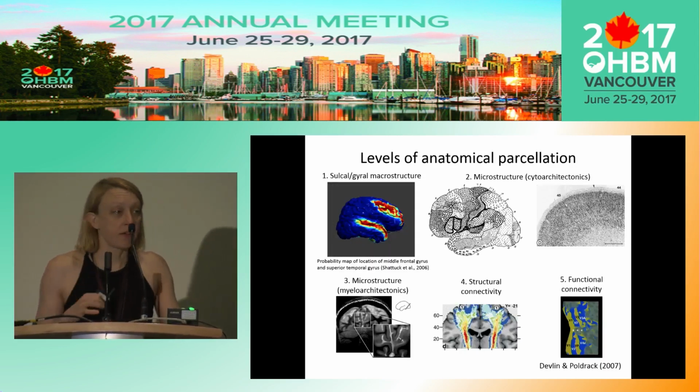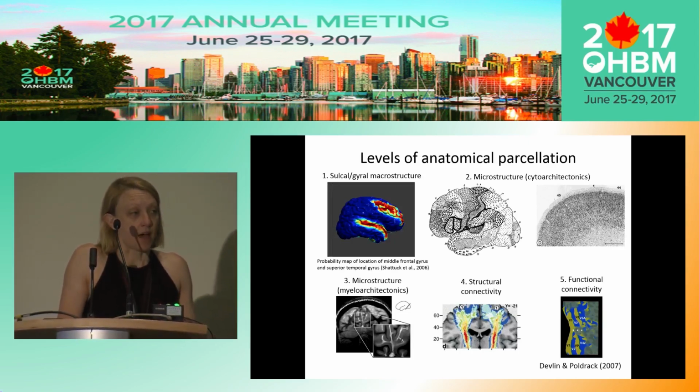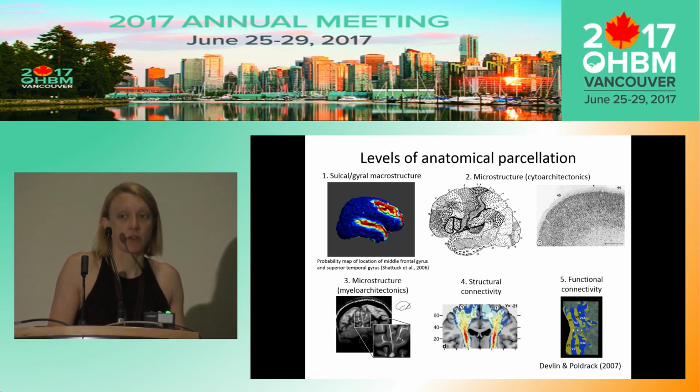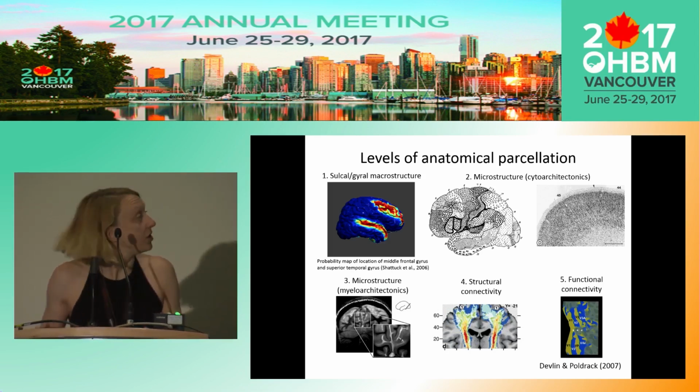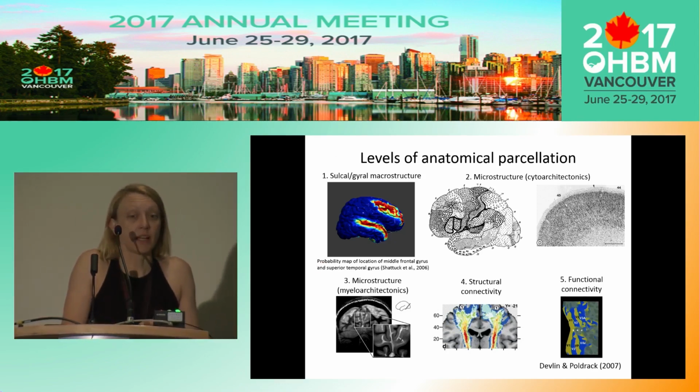And so there are multiple levels of anatomical parcellation that we can think about. And the one that's most obvious to think about and easiest to do is to look at the macrostructural gyral and sulcal variability in the brain, which is shown in the top left right here. And one thing that has become really clear about this is that it's pretty variable.